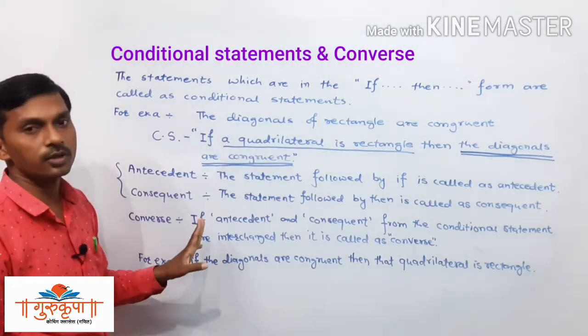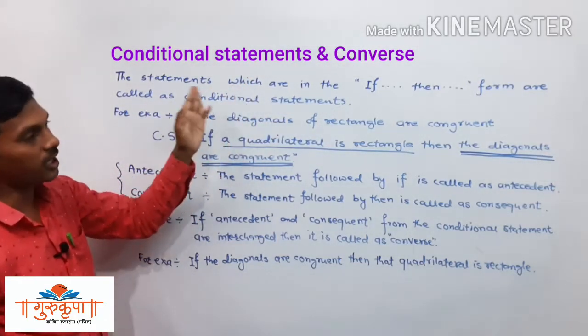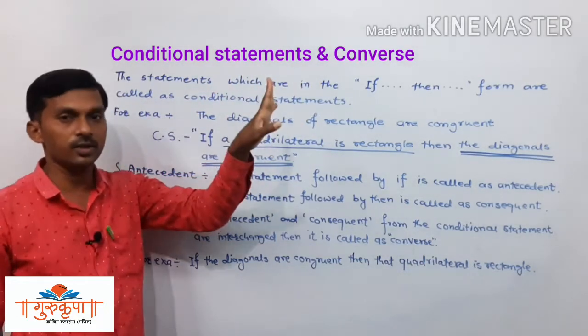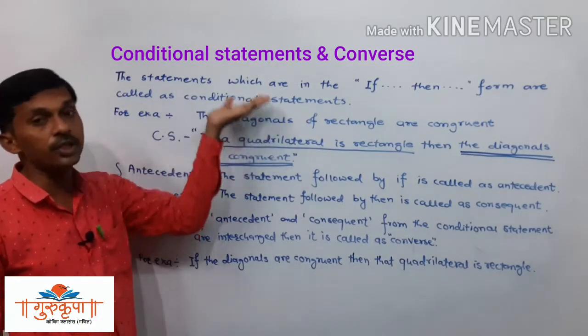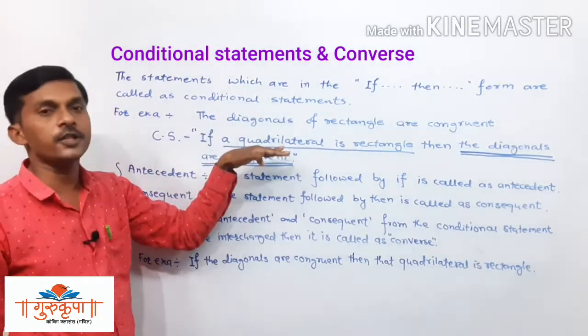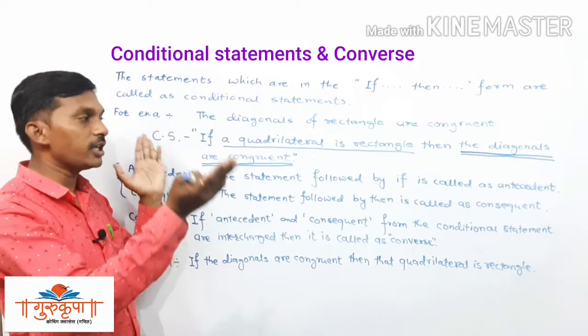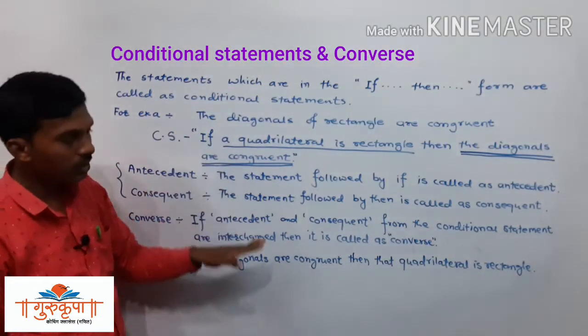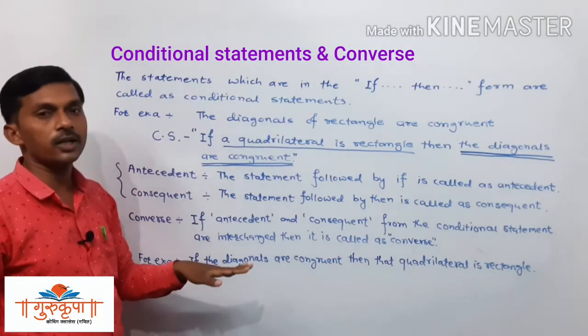It is very important. Sometimes we are given a simple statement and the question is to write the converse of the given statement. So first of all we have to convert this simple statement into the conditional statement, and then, interchanging the antecedent and consequent, we write the converse. So this is a very important part.